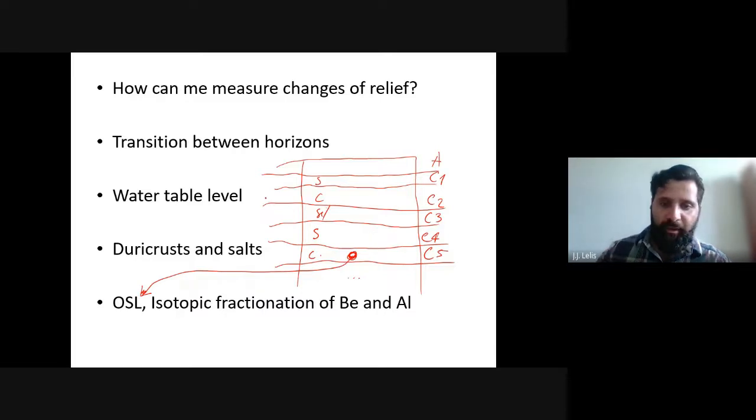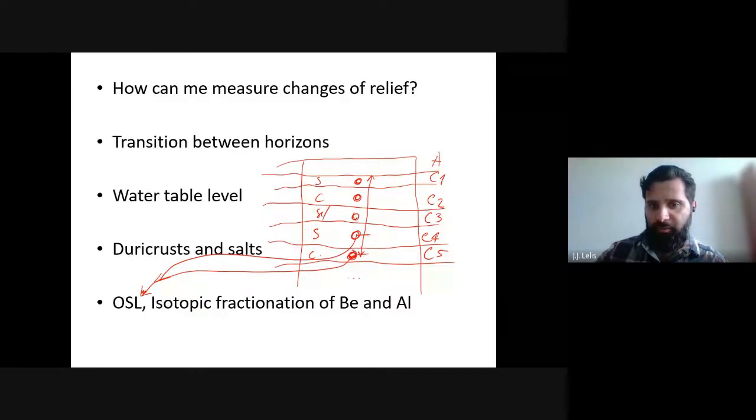Okay, and of course I can collect several samples and I can know the rate of sedimentation in this area if I compare the thickness of these layers and the age of each one. So, okay, the difference of age here is something like 10,000 years. Here it's just 8.